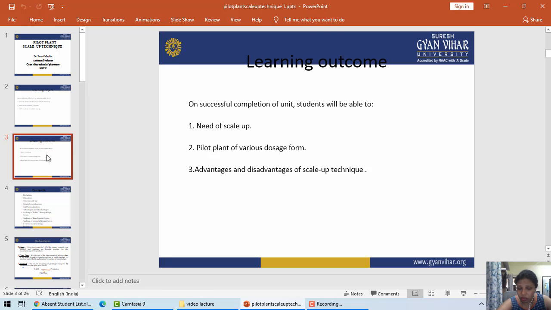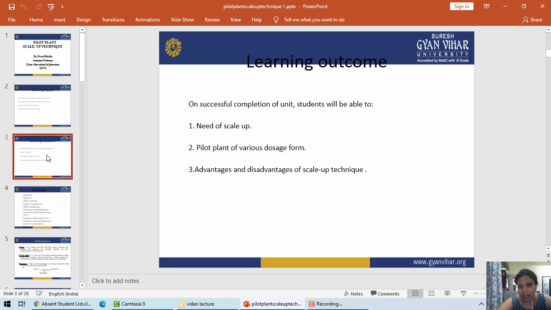If we want to make a new formulation, first we make it in the R&D laboratory, then from the R&D we have to shift it to the manufacturing place. So this is an in-between process, the process between research and manufacturing. So the pilot plant of various dosage forms you will come to know in this lecture.